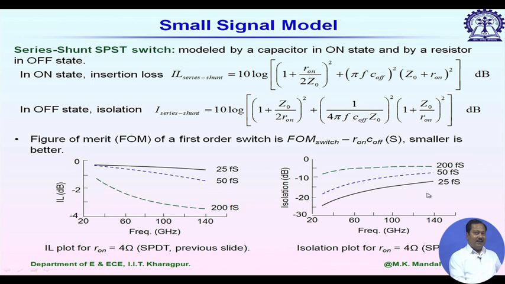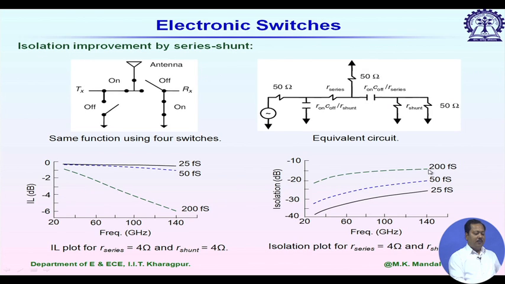So using series-shunt configuration the isolation has been improved from 5 dB to at least 15 dB, and the same logic is true for other figure of merit values. So what is the conclusion then? We can use series-shunt configuration to improve isolation at the cost of a little increased insertion loss.